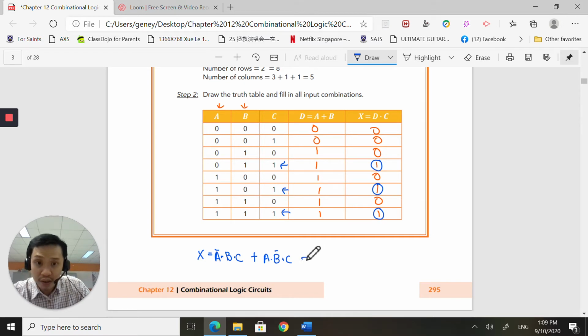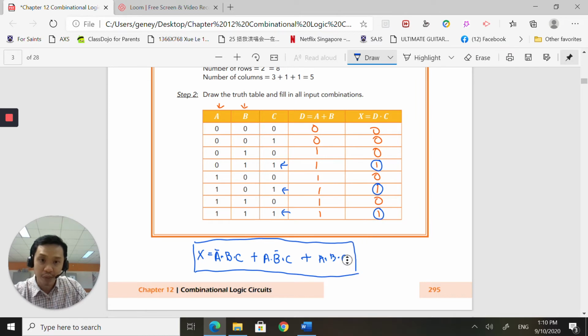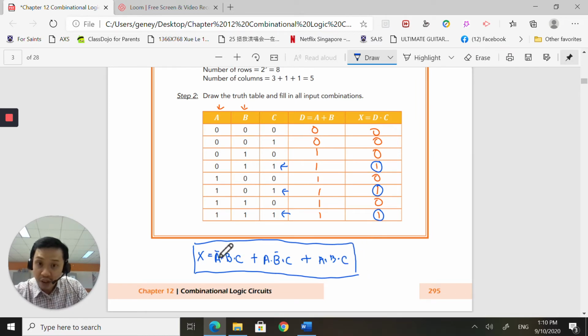Or there's another situation whereby X is true: A happens and B happens and C happens. This is what you call SOP, sum of product expression. This expression tells me X will be true if A complement and B and C occurs, or A, B complement and C occurs, or A and B and C occurs.